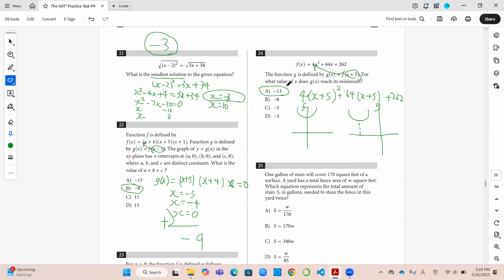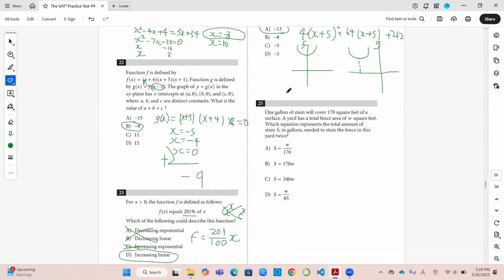Definitely useful to use a calculator when you have to graph out quadratic equations and to determine either minimum or maximum.